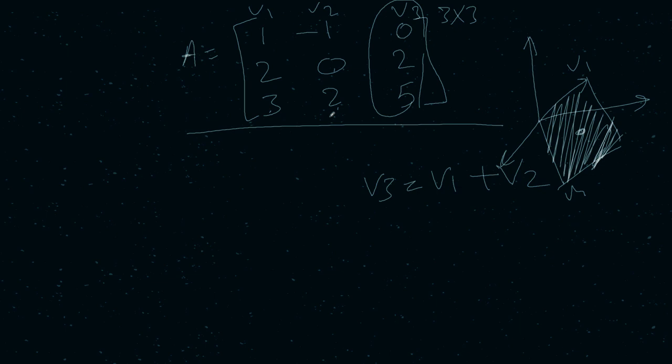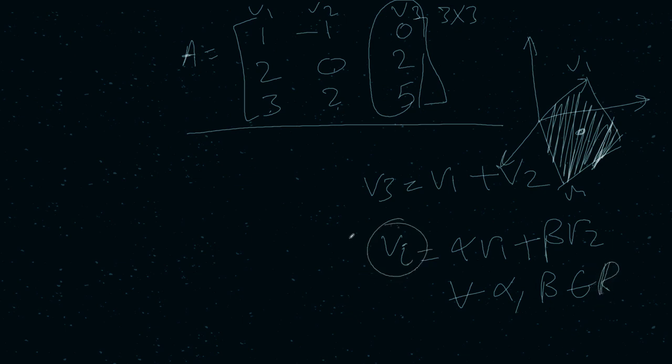I repeat, any vector vi generated by the addition of any two numbers, I will call them alpha and beta, not x1 and x2, to make it more general, so alpha v1 plus beta v2, for all alpha and beta belonging to the real numbers R, then this vi is just a linear combination of v1 and v2.